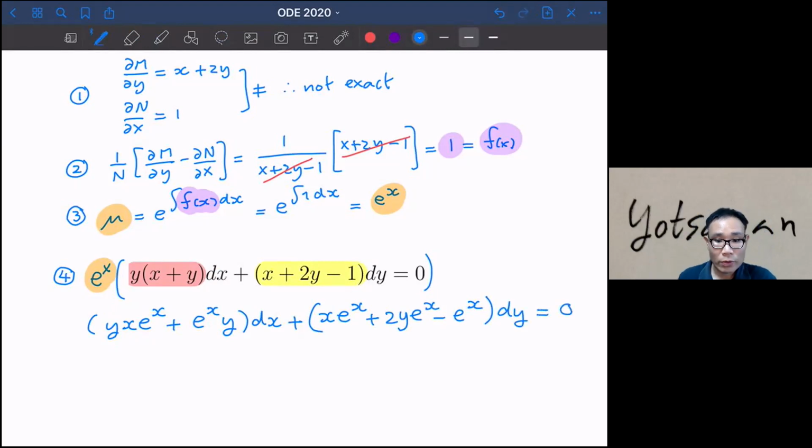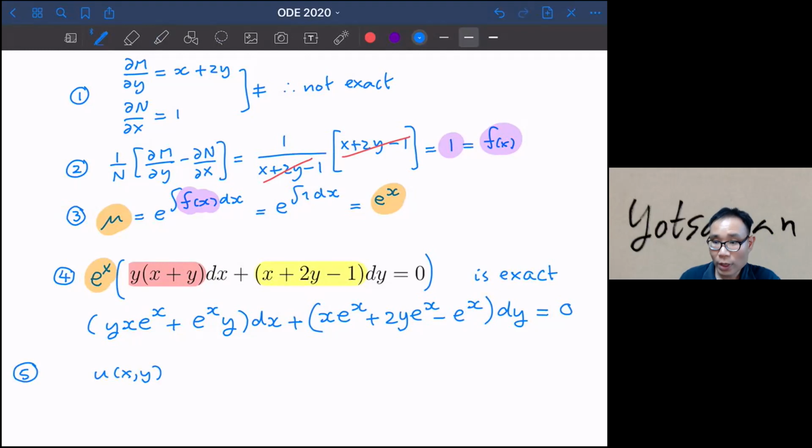Okay, so this one turned out to be exact. And you're going to have u in terms of x, y, so this one is the fifth step.